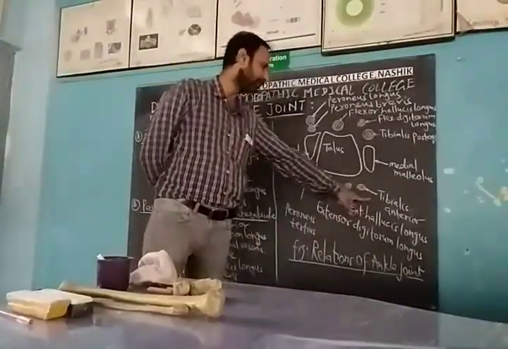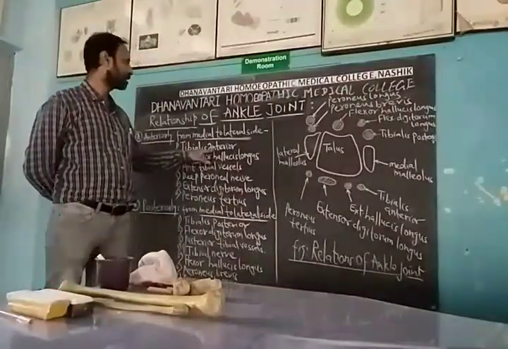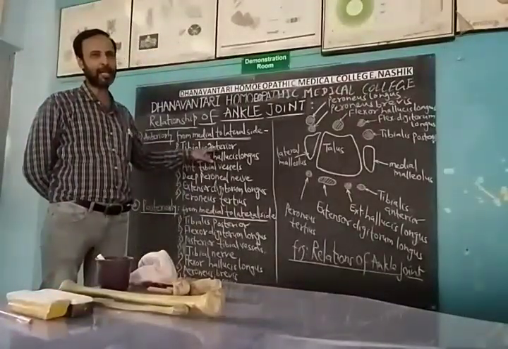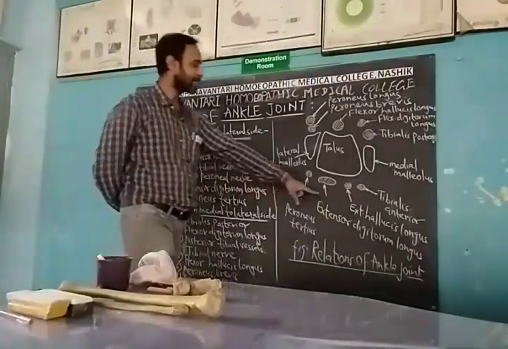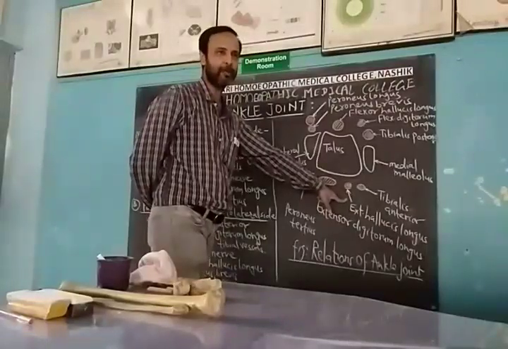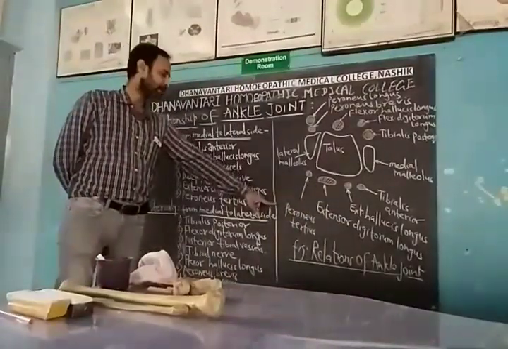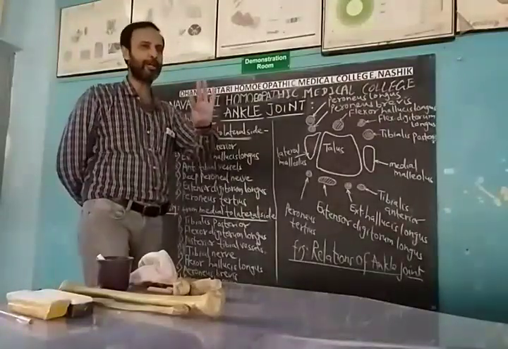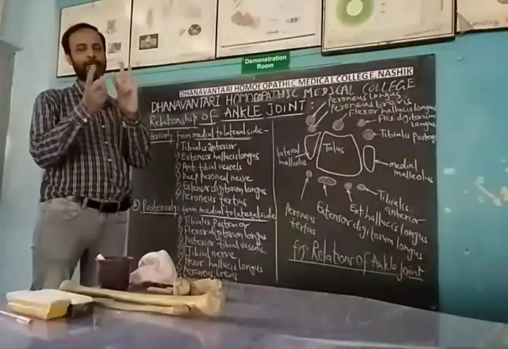So anteriorly, there is the tendon of tibialis anterior. Then extensor hallucis longus, extensor digitorum longus, and the peroneus tertius. So these are the four tendons anteriorly, and their names are very simple.